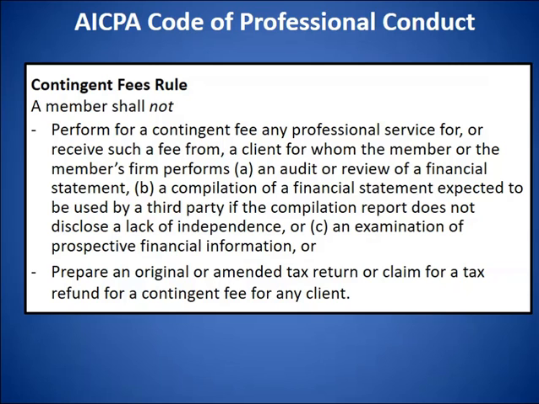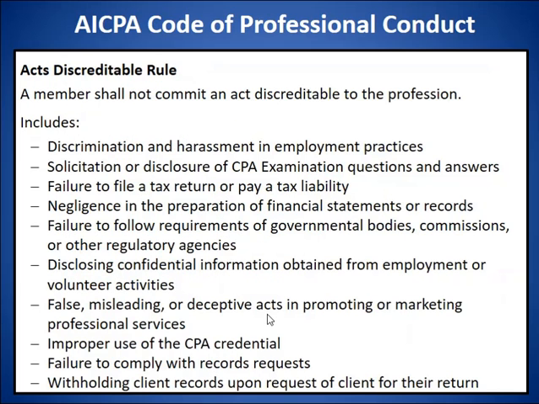And we'll understand a little bit later on there is a difference between audits, reviews, and compilations. And then C, an examination of prospective financial information, or prepare an original or amended tax return or claim for a tax refund.